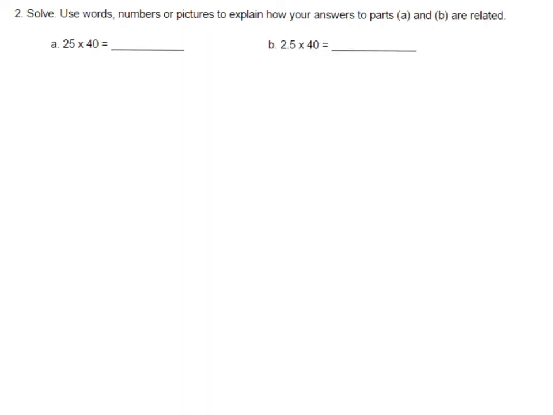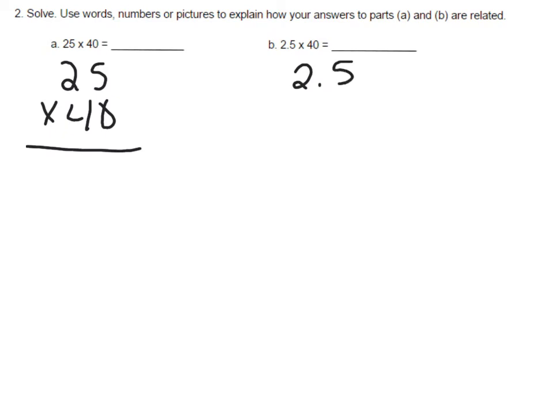All right, if you flip your packet over, question number 2 says solve. Use words, numbers, or pictures to explain how answers to part A and B are related. Well, first, if I look at A, I can see that it's 25 times 40. I can see that B has 2 5/10 times 40. Well, I know already there's a big difference between my 25 and my 2 5/10.